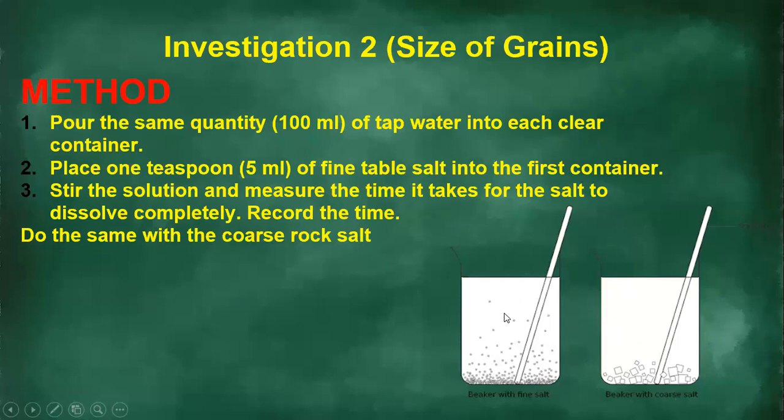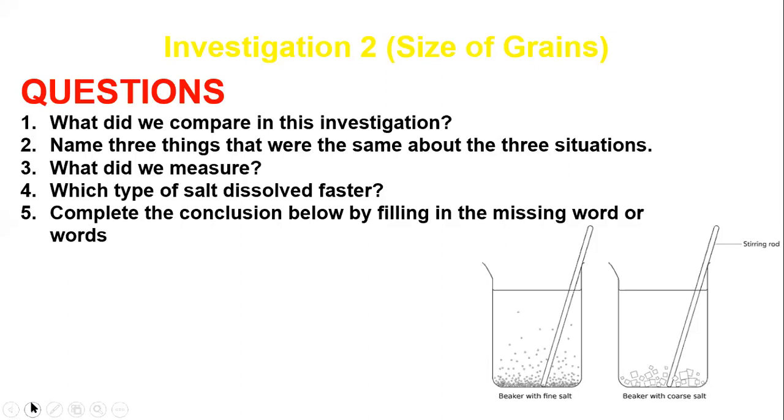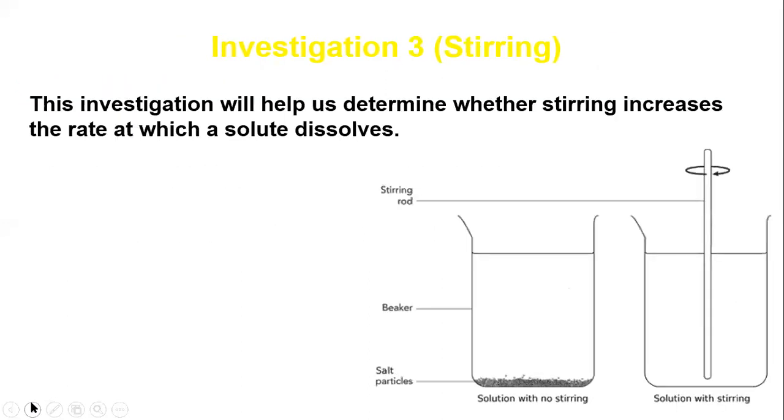And then you're going to stir this solution first, and see if it is faster or quicker. And then you're going to record the amount of time. And then you're going to stir the one with the coarse salt, and record the amount of time.